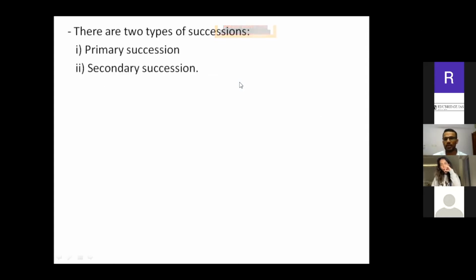So primarily there are two types of successions. First is primary succession and second is secondary succession. So what is primary succession?